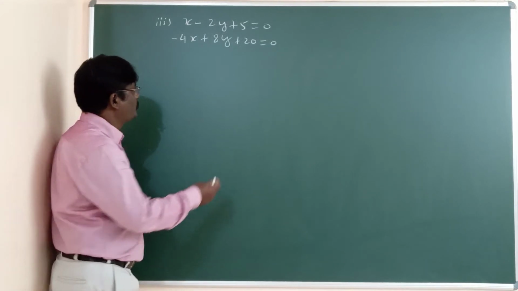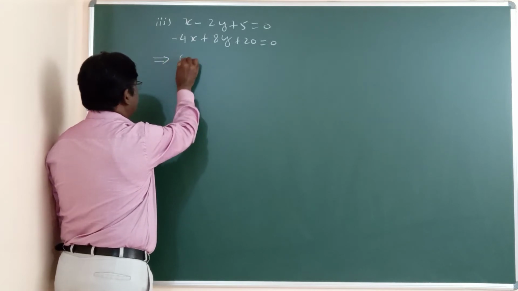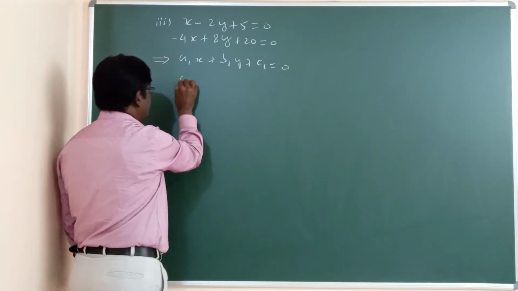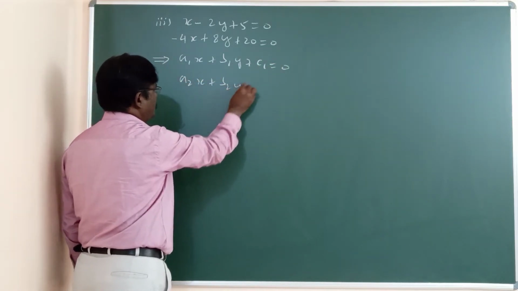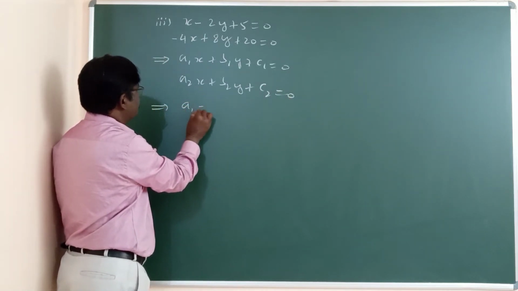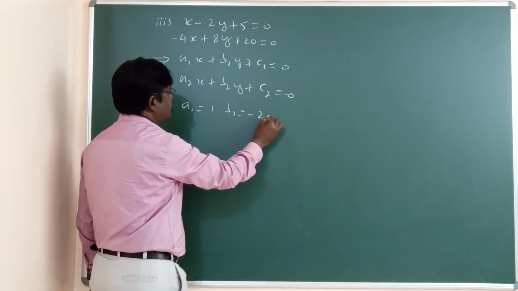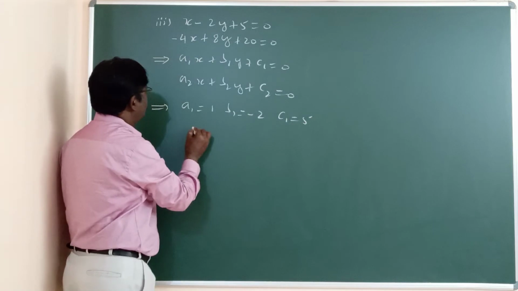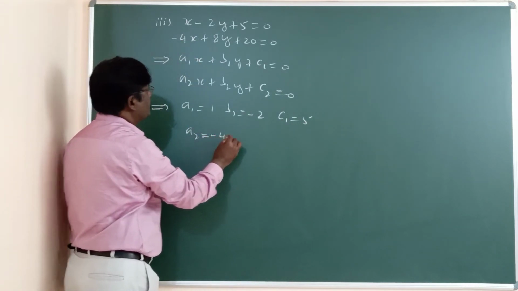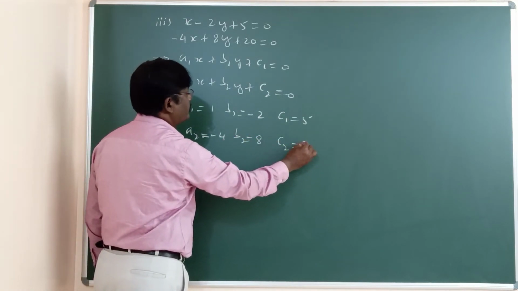Now let us take one more system of equations. These two represent, as usual, a1 x plus b1 y plus c1 equal to 0, a2 x plus b2 y plus c2 equal to 0. Then get the coefficients: a1 is 1, b1 is minus 2, c1 is 5; for the second equation, a2 is minus 4, b2 is 8, c2 is 20.